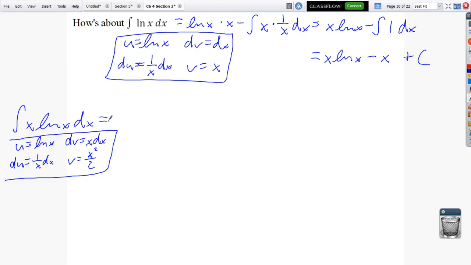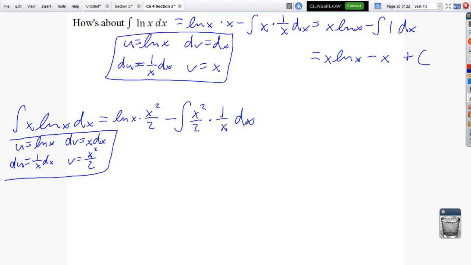So now I have uv, so that's going to be ln x times x squared over 2 minus the integral of v du, so x squared over 2 times 1 over x dx.